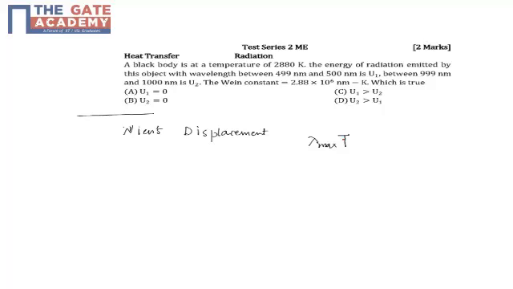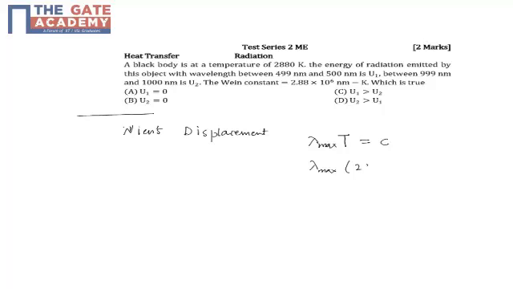So at a given temperature you can always find out the wavelength at which it emits maximum radiation. And the beautiful thing is that this product, lambda max times T, is constant, and that constant is the Wien's constant. So we'll use this to find out lambda max.